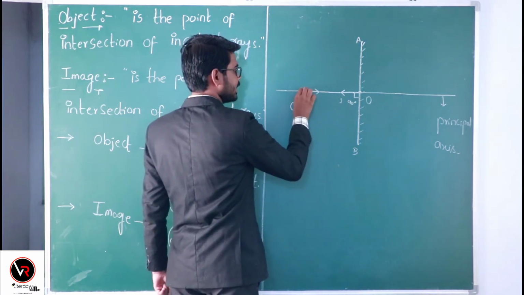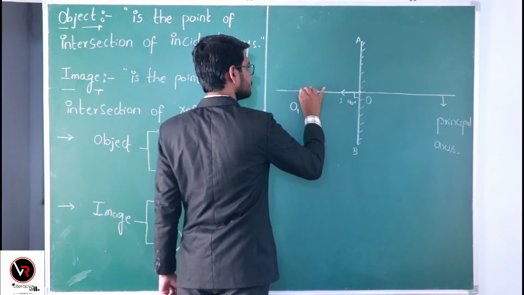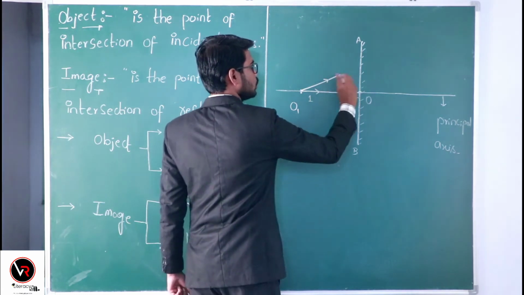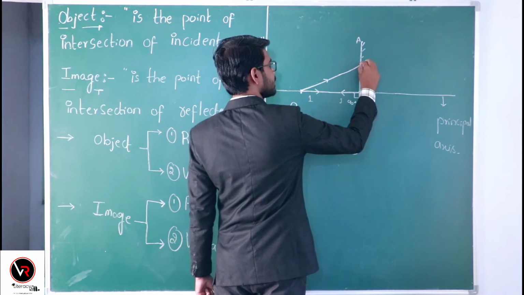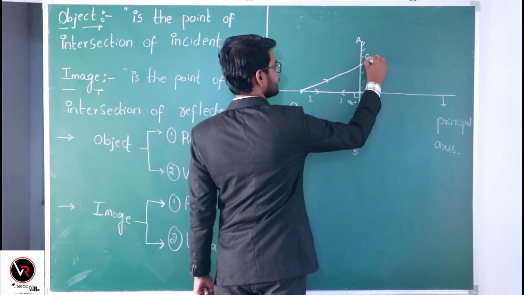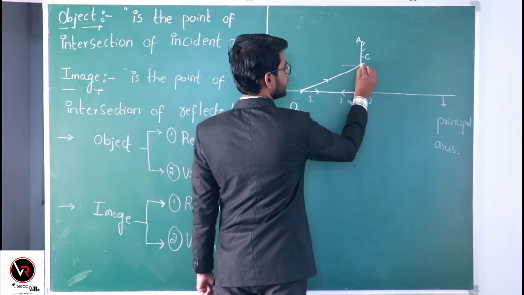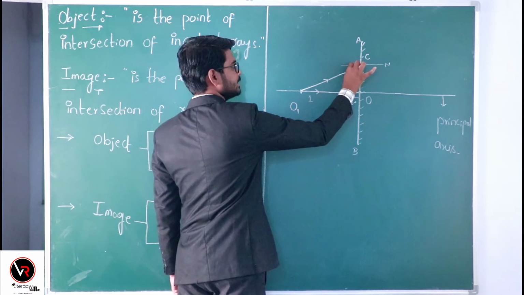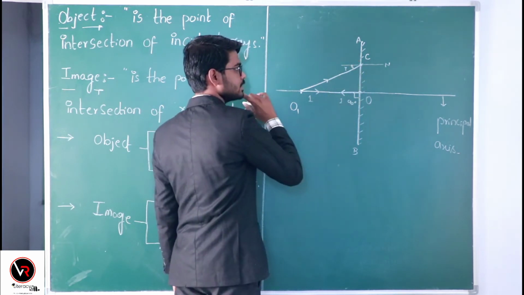And consider another incident ray from this object O1, which is propagating towards the plane mirror and is incident on this plane mirror at this point C. Draw a normal at this point C on the plane mirror. It is incident on this plane mirror at a certain angle, that is called angle of incidence.